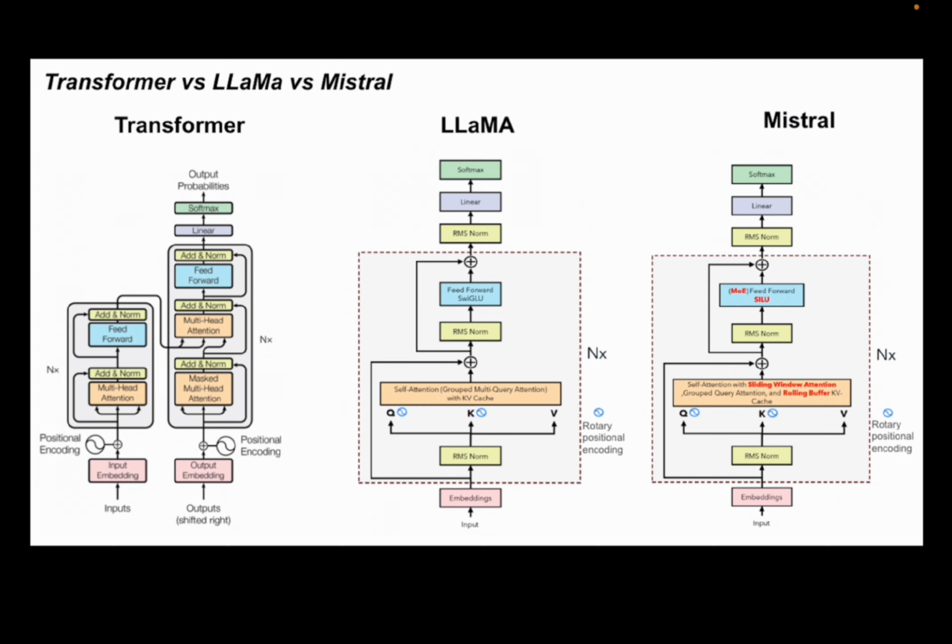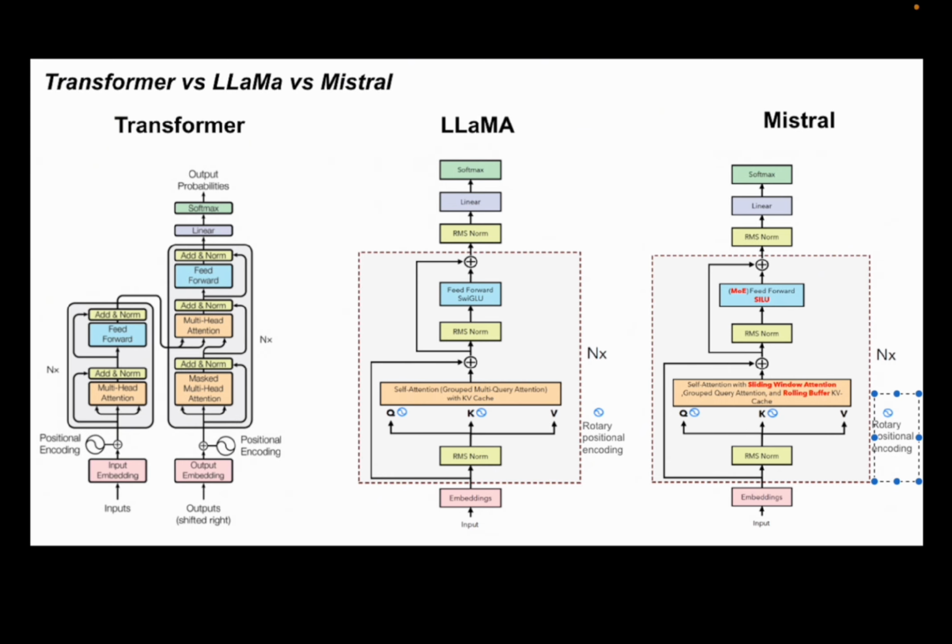Again, back to Mistral, after the RMS Norm we have query, key, and value. For query and key, we have a positional encoding, which is called Rotary Positional Encoding. Again, this is another difference between Mistral and the transformer.